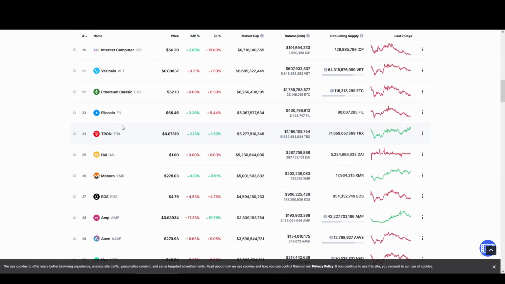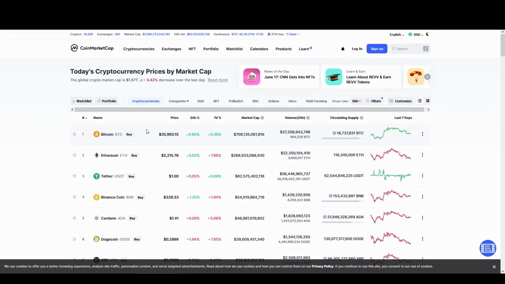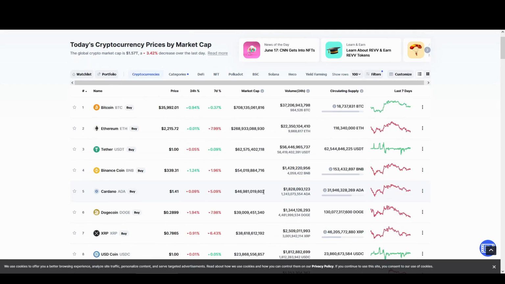I would probably go up to 25, not even, try to stay within 20. Because what we want is a coin with the biggest market cap, so if the market is crashing, it doesn't crash as hard compared to the smaller coins.